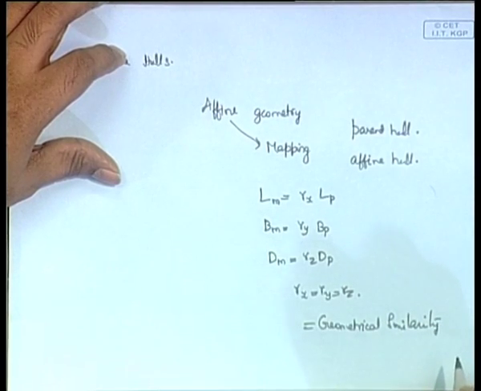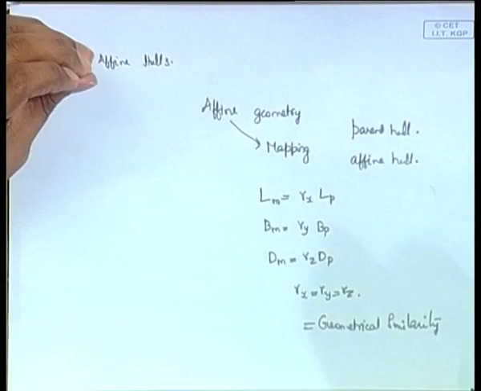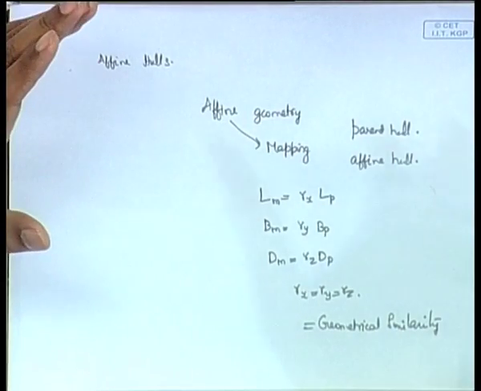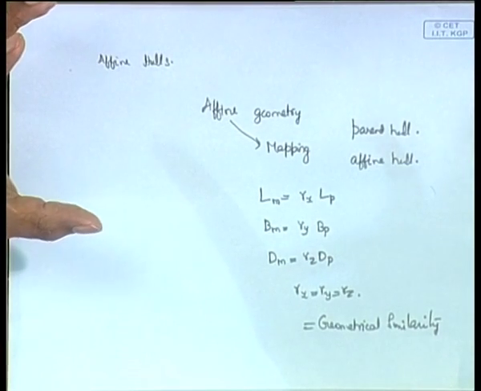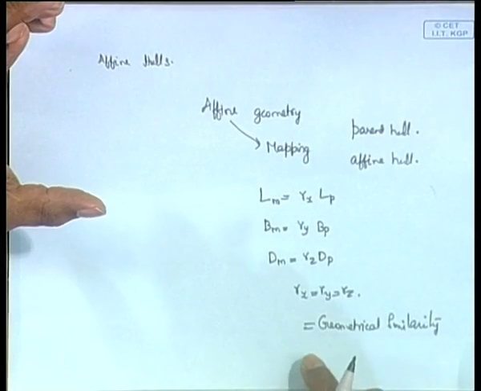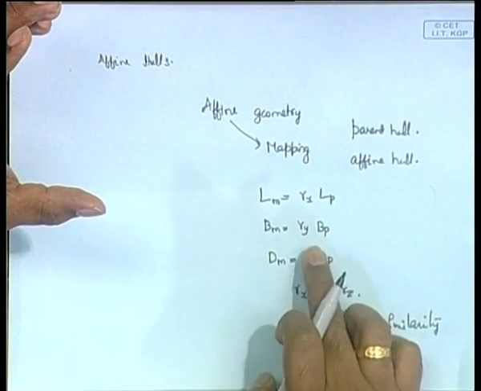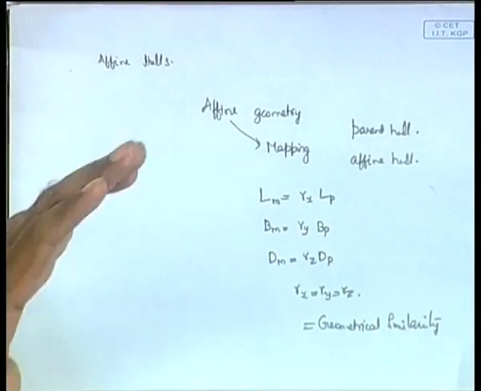This I did talk about in the other class. We did problems relating to the shape of the vessel, where the shape is always scaled by some factor r, so that r x equals r y equals r z. Every length direction is scaled in the same ratio. So this is the concept of affine hulls.